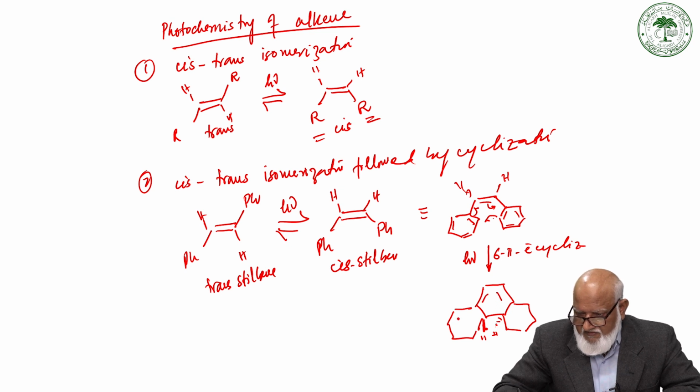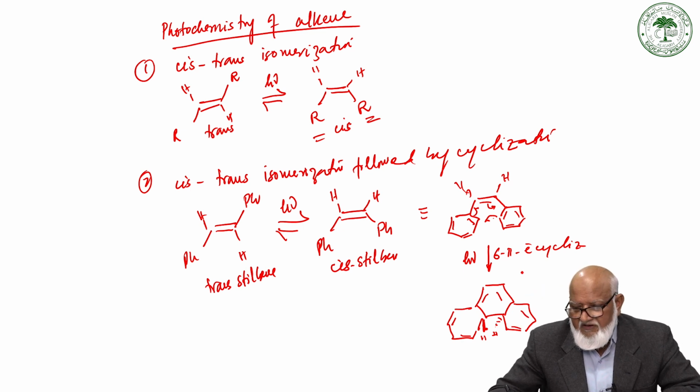Goes here. This is now changed. So dihydrophenanthrene gets aromatized very fast under air oxidation, but the photoproduct is dihydrophenanthrene.